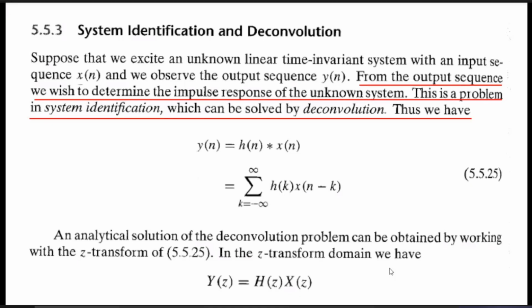That is called system identification. A system is always characterized with a transfer function, so we identify the impulse response h(n) of the system.